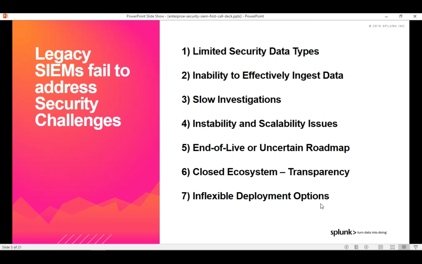So nowadays everything is digital, right? Everything is driven by machines and data. So now, if you see, big data has evolved. The traditional legacy SIEM solutions are incapable or unstable because they cannot support the amount of data that is being ingested.